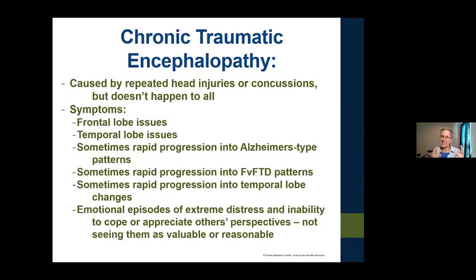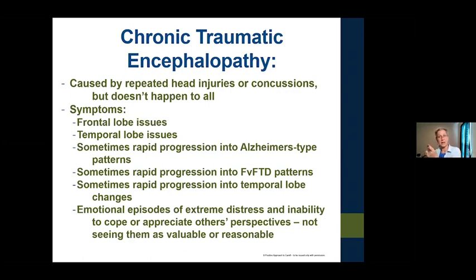What we want to pay attention to is what are some of the other symptoms that are also accompanying it. So temporal lobe, language-related issues are going to be part of CTE. We might see a very rapid progression into what we call Alzheimer's type patterns, in other words, hippocampal changes.